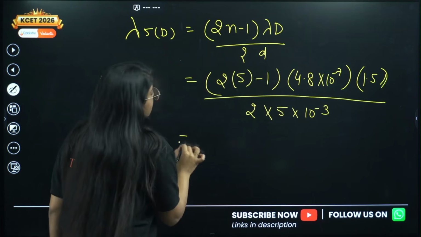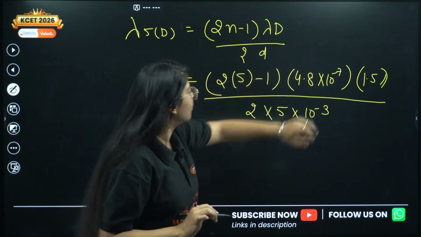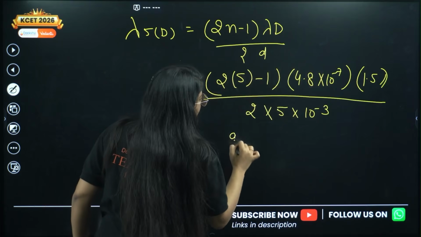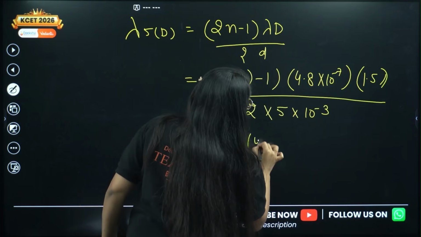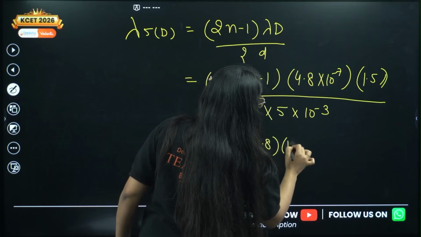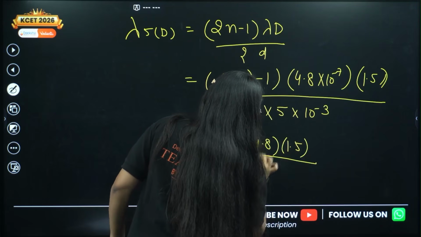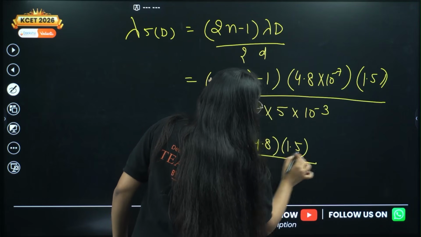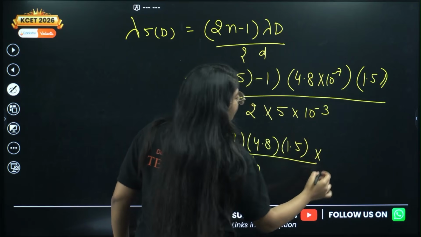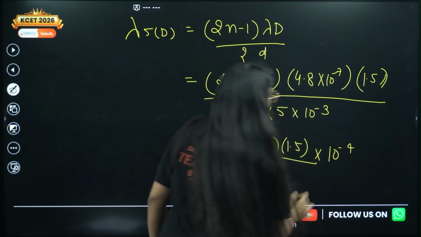Correct? Just solve the powers of 10 first. This will be 9 and this will be 4.8. This will be 1.5 divided by, this will again be 10, and this whole power will be 10 raised to power minus 4. Correct?